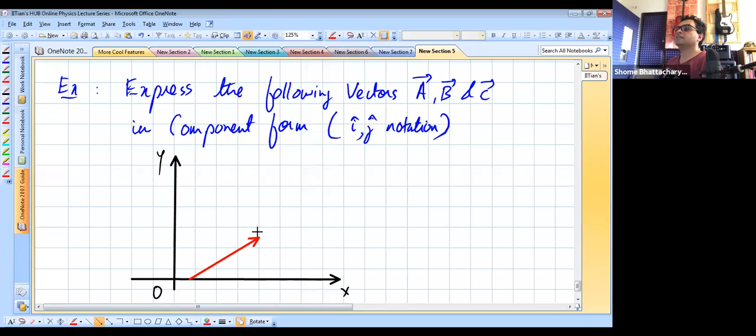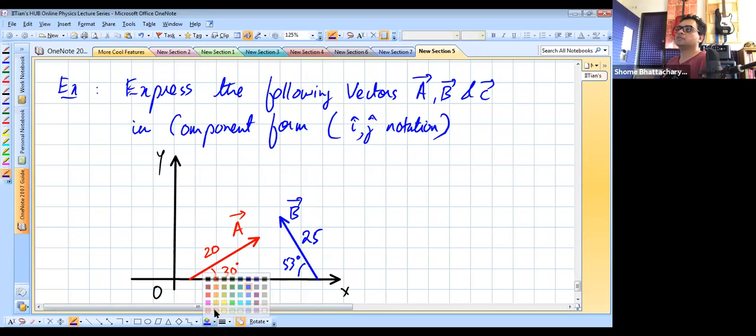My vector A is like this, of magnitude 20, let us say, and this angle is 30 degrees. My vector B is like this, magnitude is 25 and this angle, let us say, is 53 degrees.